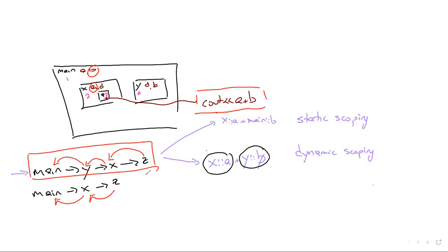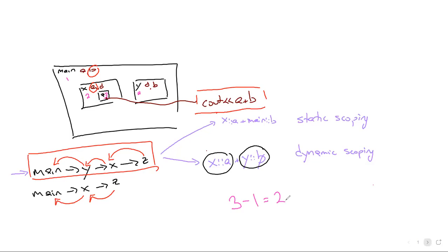So for example, in our case right here, the calling function is nested at 3, and the variable has been defined at 1. So 3 minus 1 is 2, and that tells us that we need to traverse 2 links on the static chain to find the static parent.